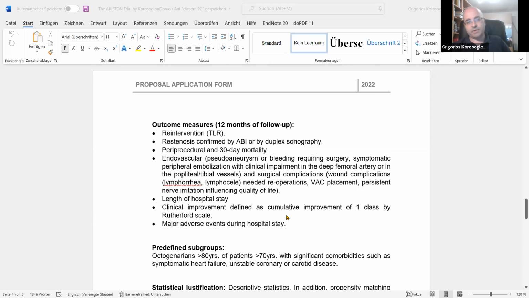Our outcomes would be the target lesion revascularization, restenosis after intervention or surgery, peri-procedural mortality within the first month.